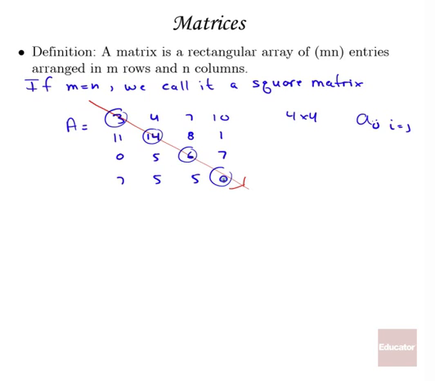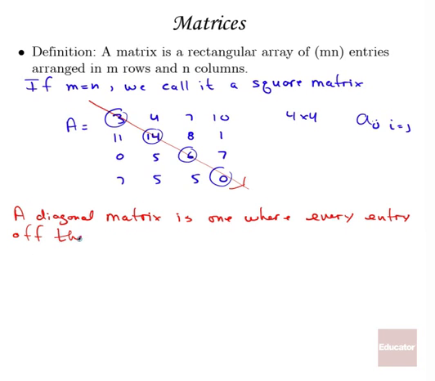Well, a diagonal matrix is one where every entry off of the main diagonal is 0.